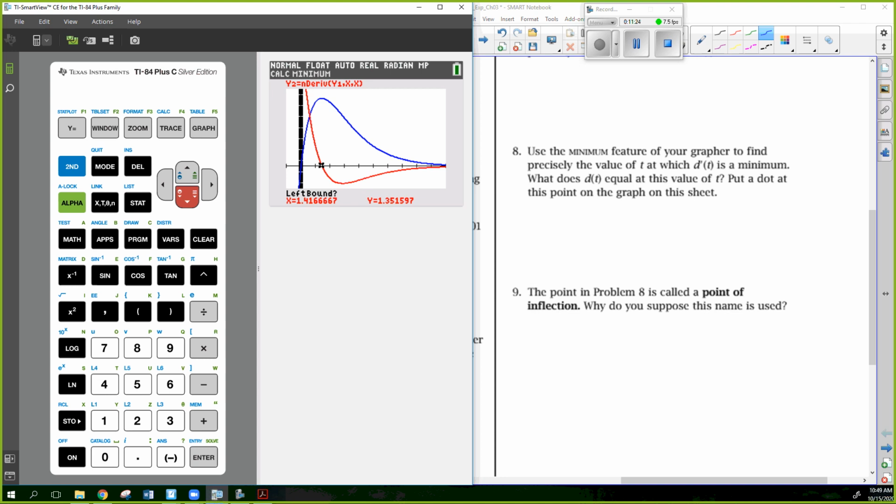Oh, did you notice what happened? I didn't move it, and when I hit straight down, it jumped straight from the max to the 0. That was kind of cool. So then we want to move right and left until we get to the minimum, but make sure you stay somewhat to the left of it when you take your first guess.